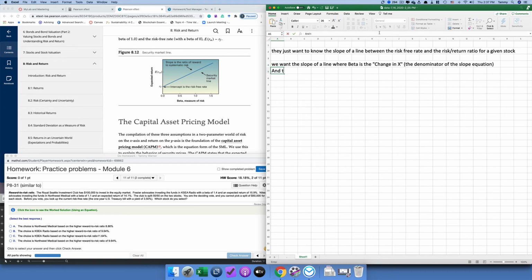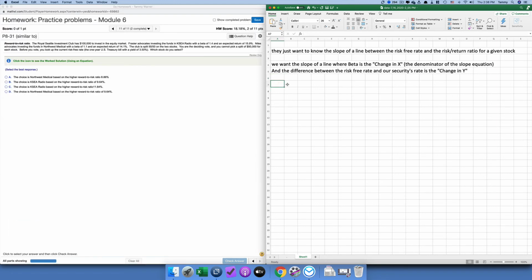And the difference between the risk-free rate and our securities rate is the change in y. Okay, change in y over change in x is a slope, right?